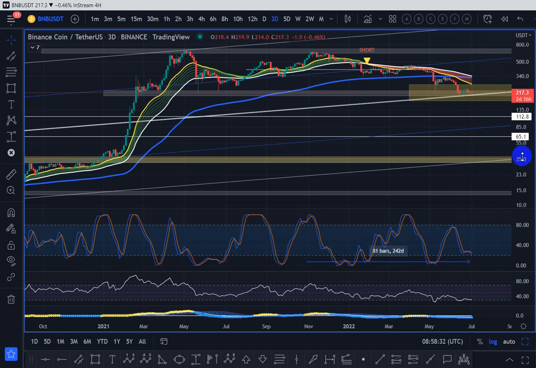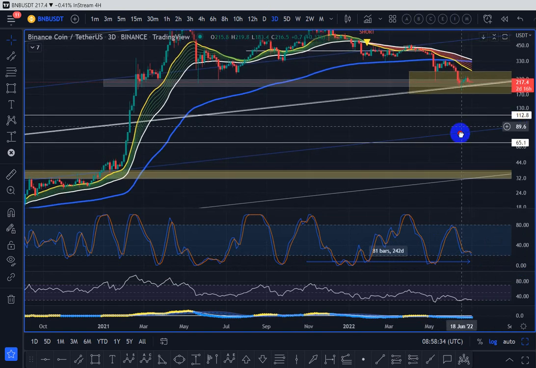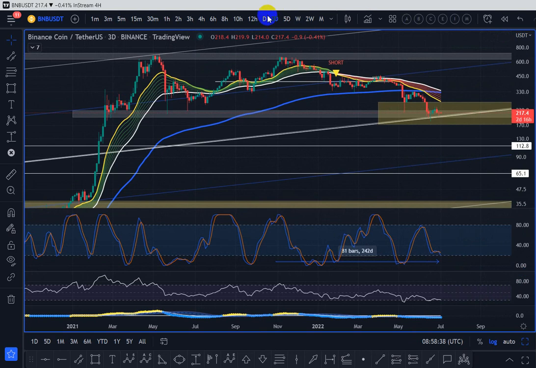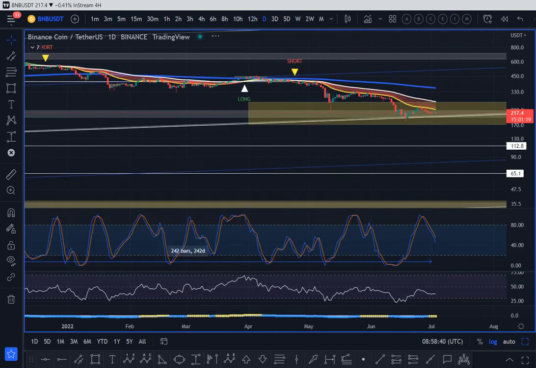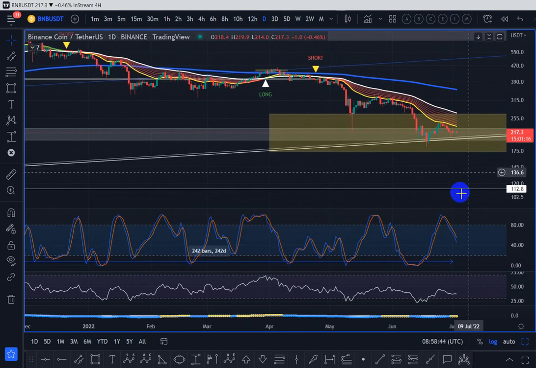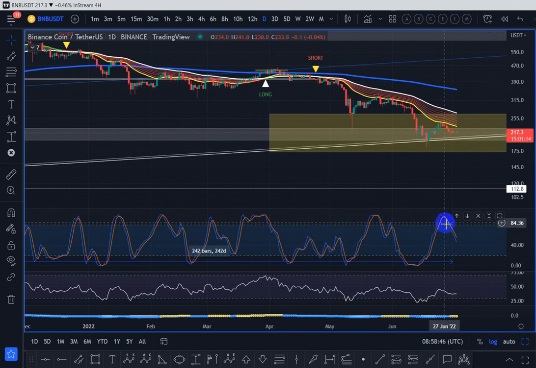Okay, if I would be the one planning to buy, what would I do? I would go to a daily time frame. On the 1 day time frame, what I noticed is that there was a crossover and the price is going lower. So if I plan to add a little bit more to my BNB position, what would I wait for?